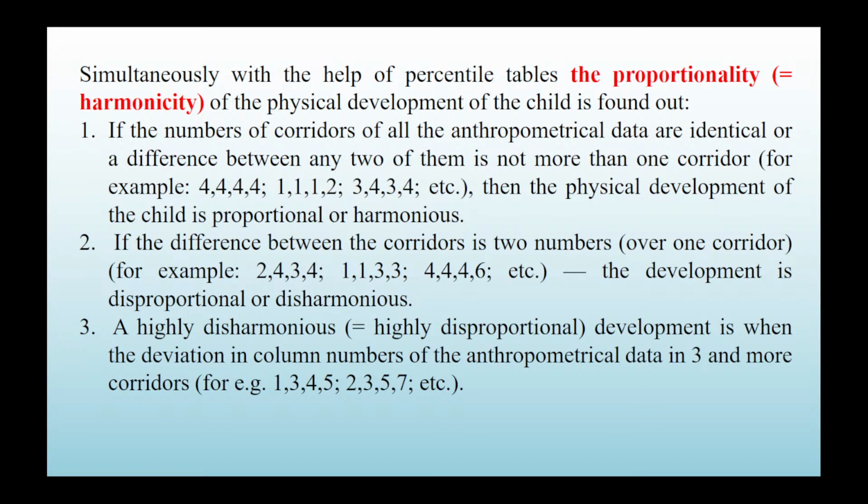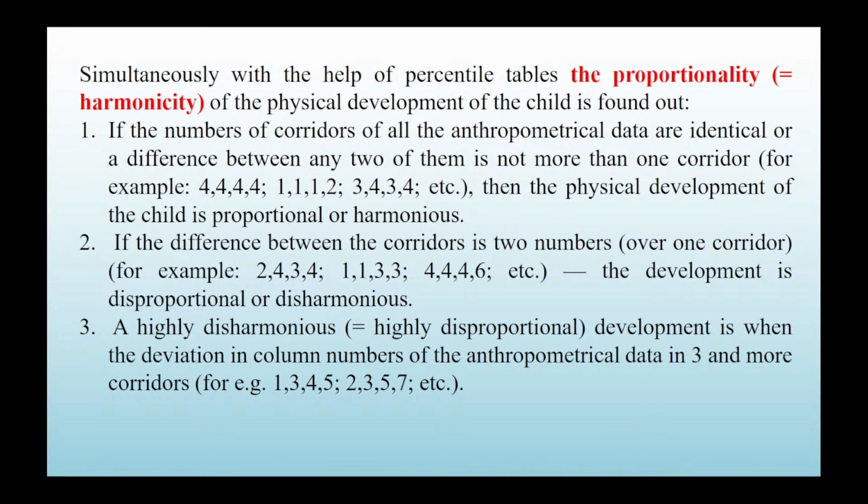If the numbers of corridors of all anthropometric data are identical, or the difference between any two of them is not more than one corridor, describing different parameters of the body, then the physical development of the child is proportional or harmonious.